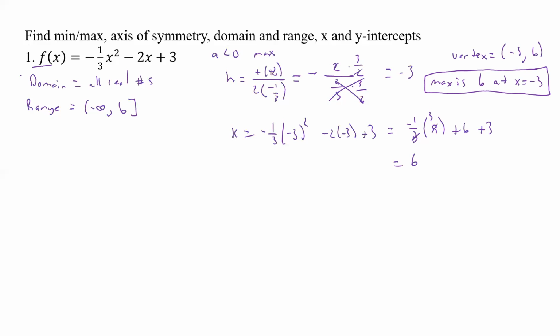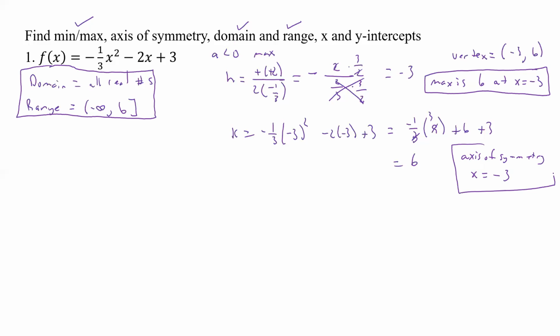Now we have the domain and range also found, so we're done with the domain and range. And we've got the max, and we also have the axis of symmetry. The axis of symmetry is x equals -3. So we have that. That's pretty cool.